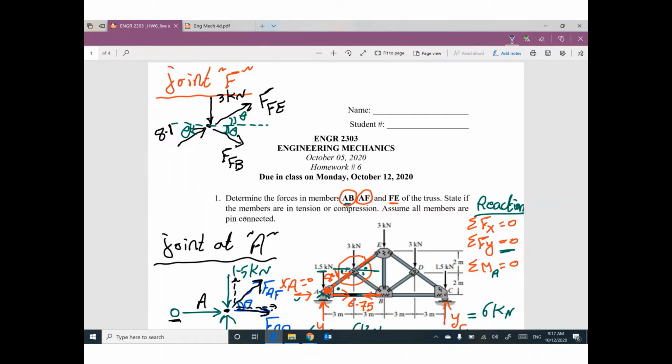All of these angles will be inside a right angle triangle. This one is 2, this, I'm sorry, this one is 3, this one is 2, this one is 3.6. Anyway, can you go ahead and apply summation Fx equals 0, summation Fy equals 0 to figure out the value of this force and this force? If you are done, you are done.